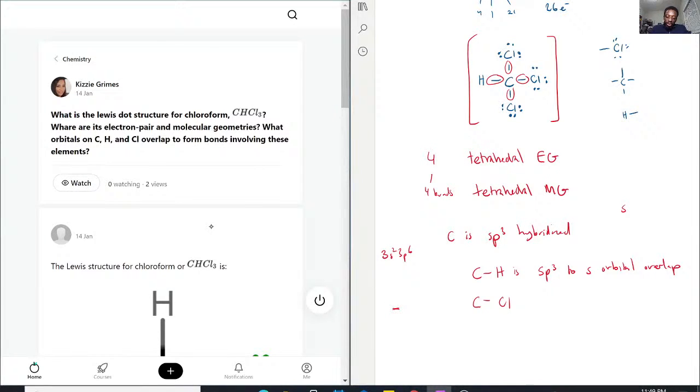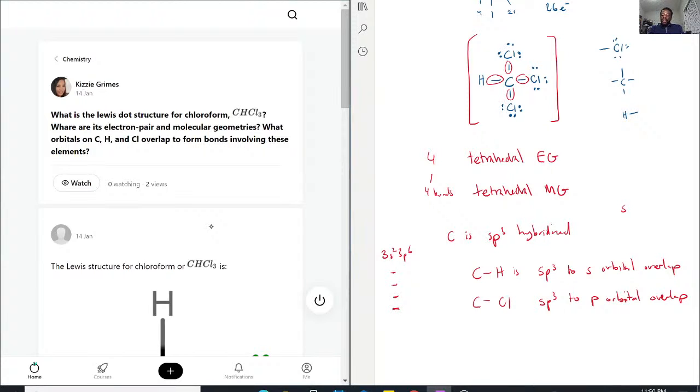Because the s2 are the base and then the p's go higher and higher, we would be using the p orbital in the chlorines to overlap. So carbon to chlorine would be sp3, because this whole thing is hybridized, to p orbital overlap for C to Cl.